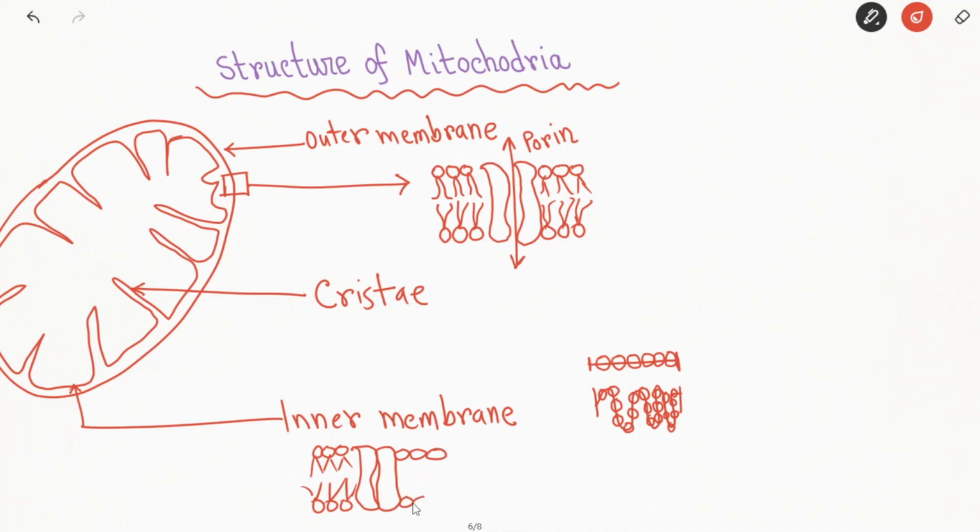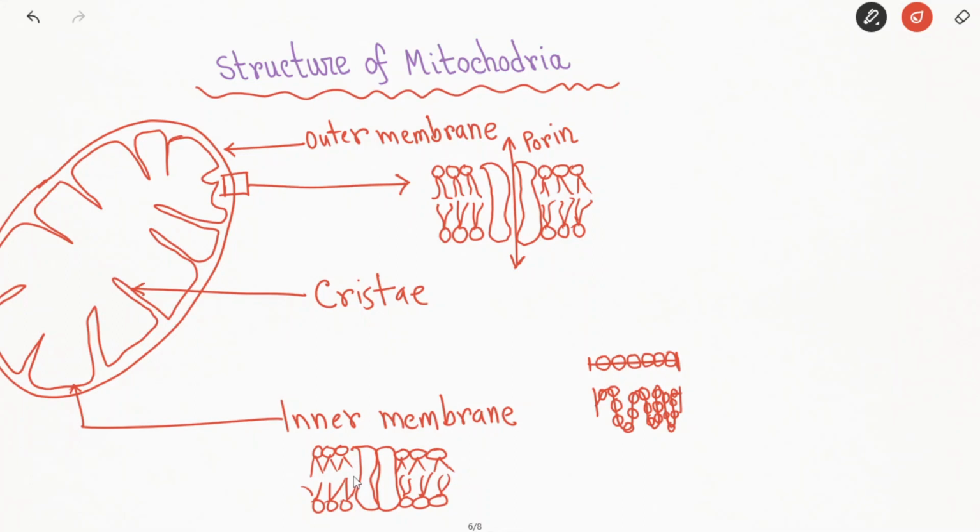So they are very restricted for ions and proteins. This is the phospholipid bilayer, and they also have a lot of proteins, but they are very much restricted for ions and proteins.